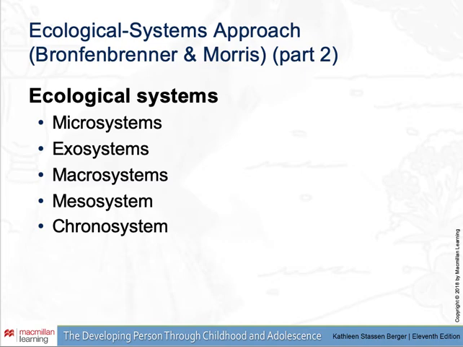This is a larger social setting, and it includes cultural values, economic policies, and political processes. Then there is the chronosystem. Literally, it is called the time system. It emphasizes the importance of historical time. Then there is the mesosystem, and it consists of the connections among the other systems.